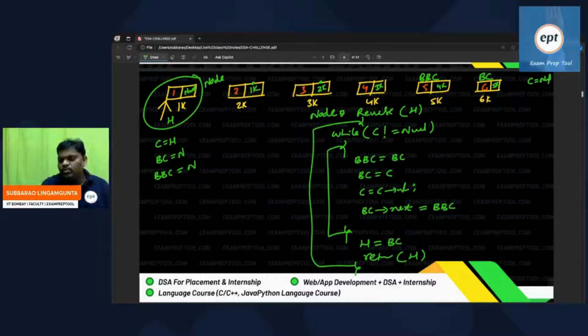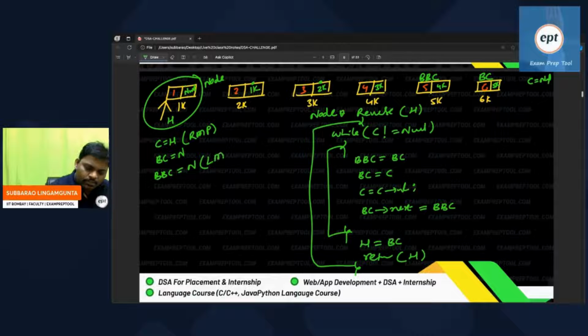So take three variables. One person contains current node, one person contains before current, and one more person is before current. Three people you take. The person who is going in the forward direction is this person. Out of these three friends, all three will be side by side, with the rightmost place, the leftmost place, and the middle person.